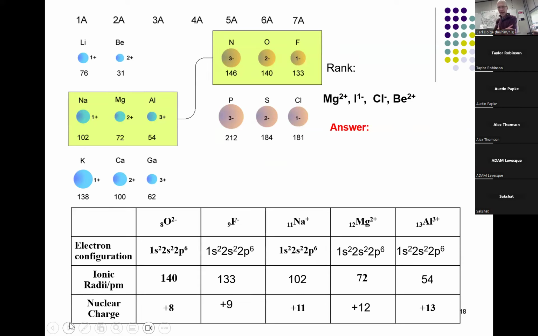So maybe start with the anion. So this is 9B. I intentionally chose something that's not on the chart, on our little diagram there, to see if you could see where it would fit in.